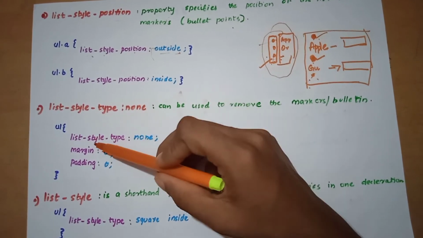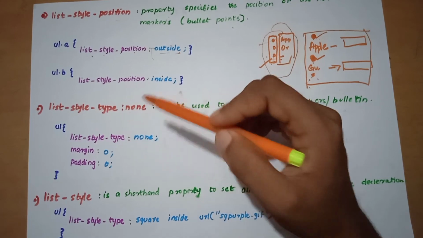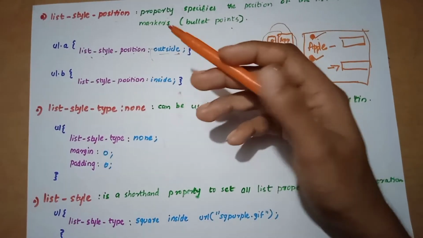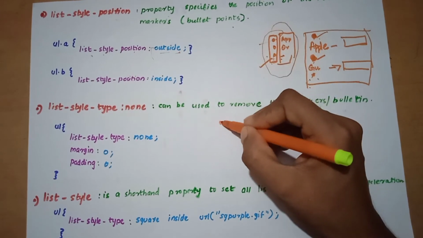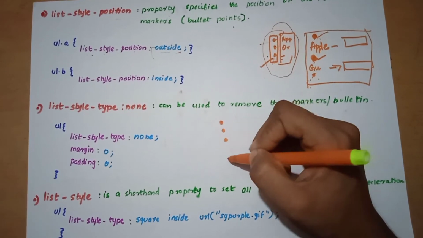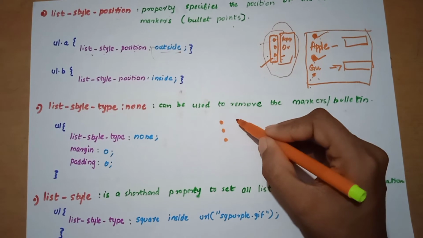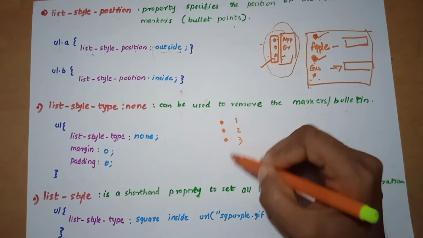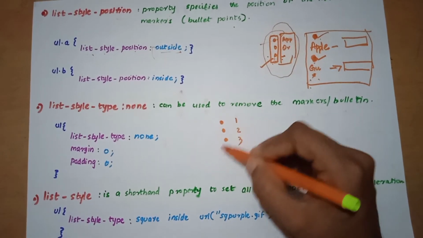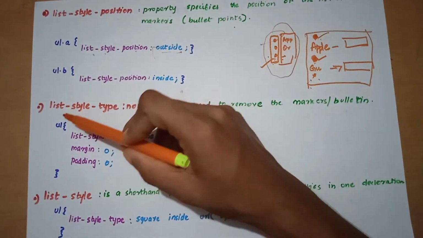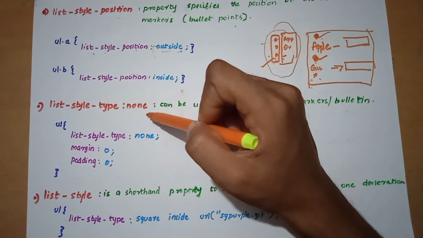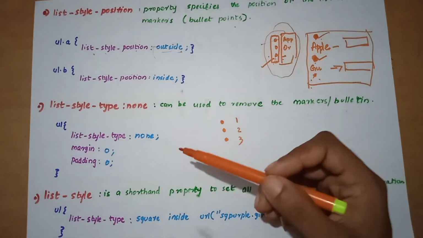All the list style types that already exist for the UL, you know there already exist bullets like this, and for the ordered list there are also numbers like this. When we don't need these kinds of indications, just write list-style-type as none along with the list properties.